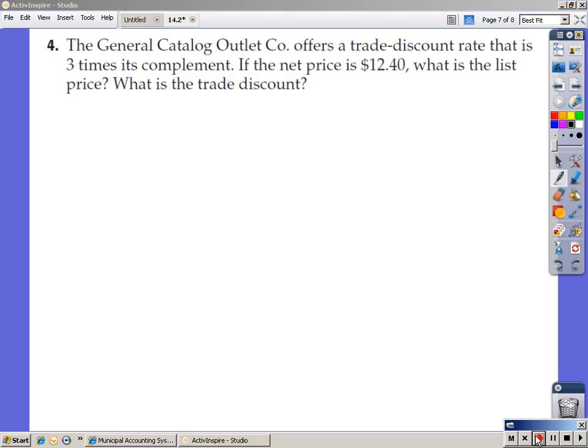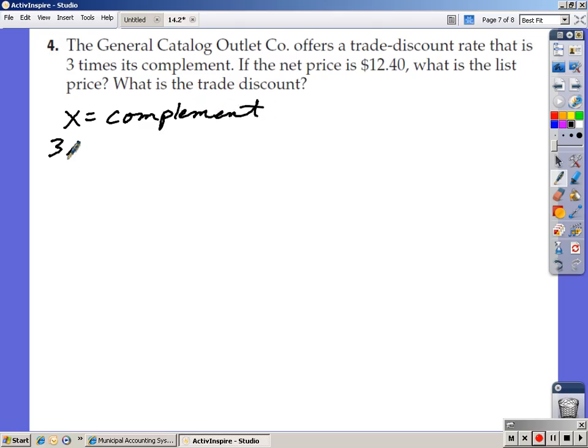Okay, so first thing we've got to do is identify my variables. X is my complement, and 3x is my trade discount rate. Okay, so 100 minus x equals 3x.